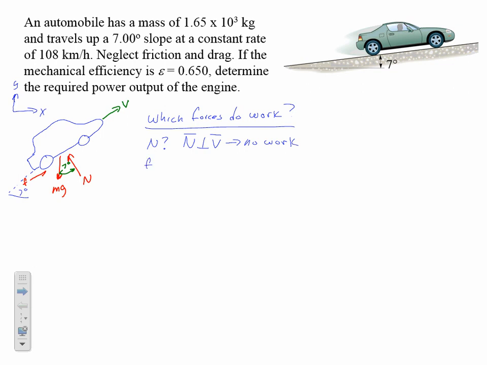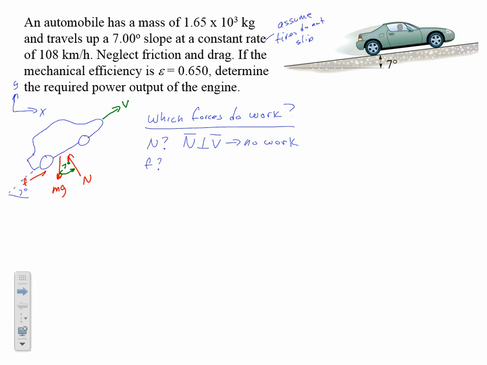We have the friction force F. Again, we're going to assume here that the tires do not slip. We're not told that they slip, so I think that's a fair assumption. If the tires are not slipping, then the portion of the tire that's in contact with the road does not move against the road.